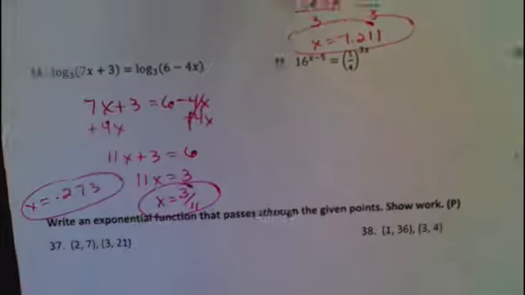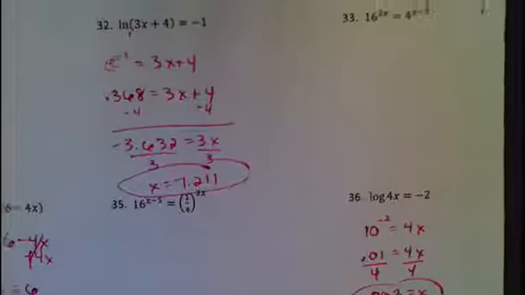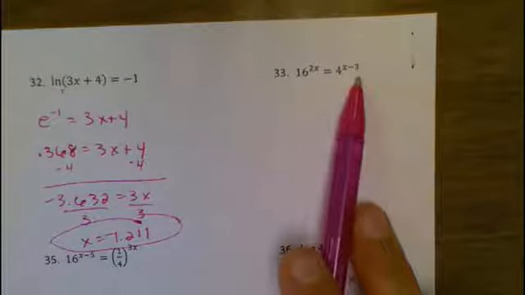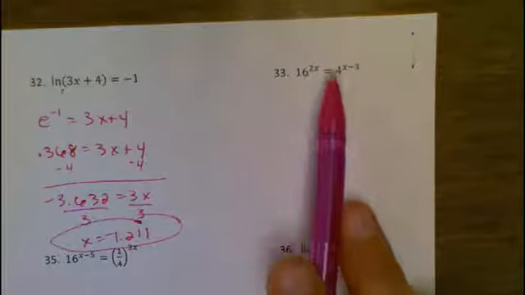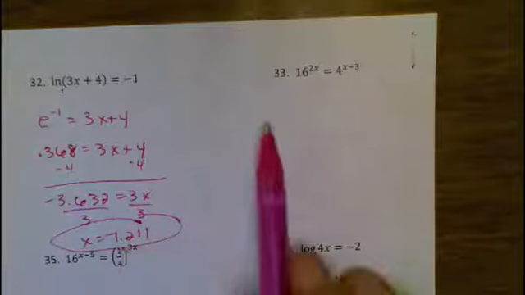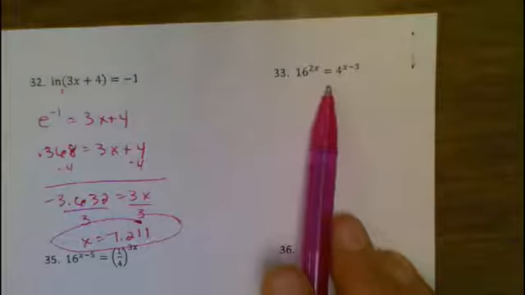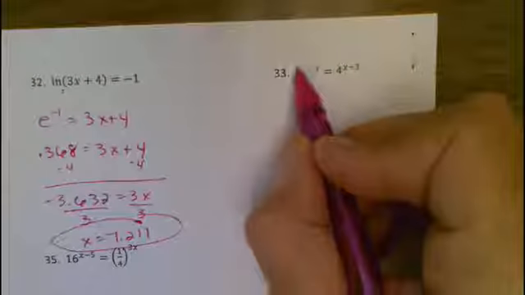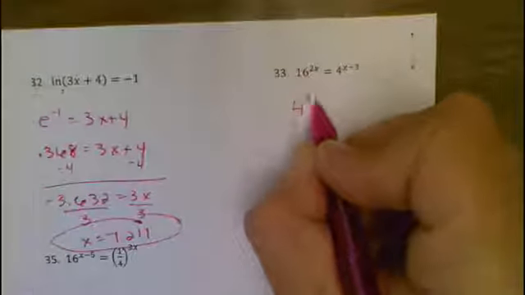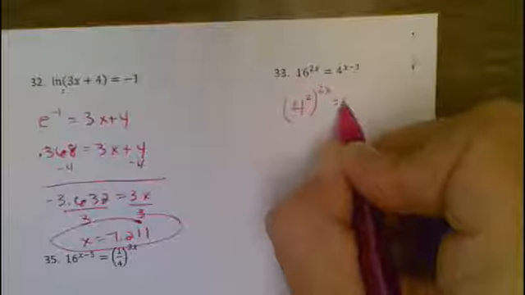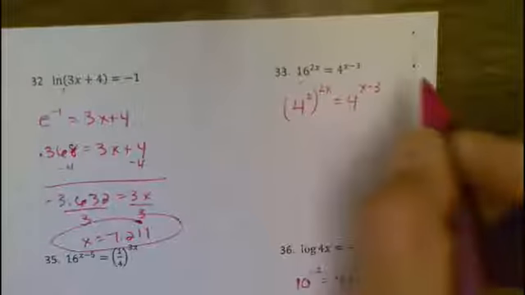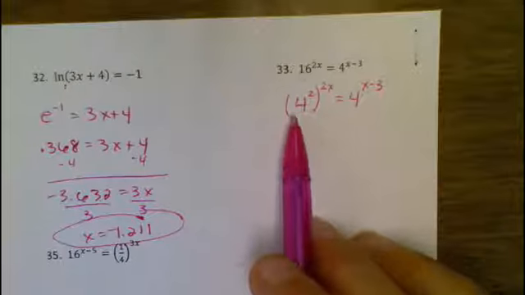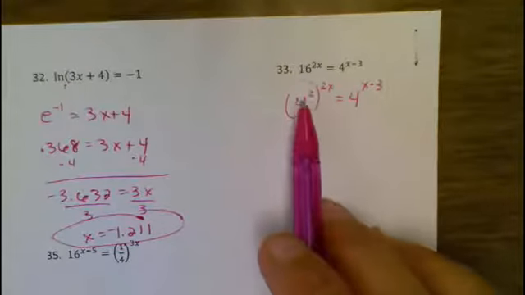Okay, and then the other two I just want to talk about are the exponential ones that you really can't use logarithms for, because these are both raised to a power. With these kinds of problems, this one and one like 35, you have to get the same base. When you see 16 and 4, what you need to realize is that you can write 16 as 4 squared. So just rewrite that problem. I didn't change anything except for the 16 I write as 4 squared. Well, 4 squared is 16, so nothing has changed.